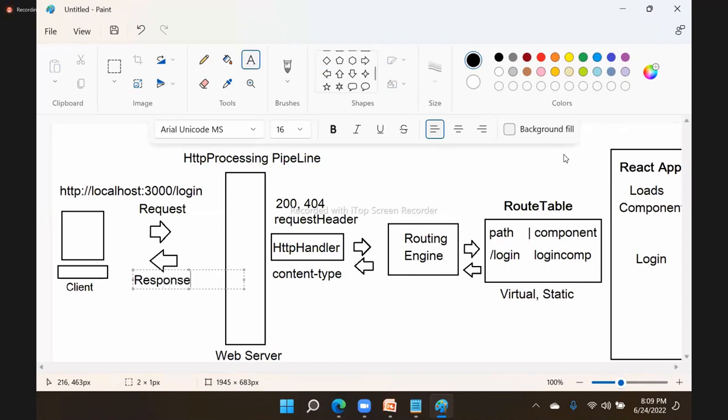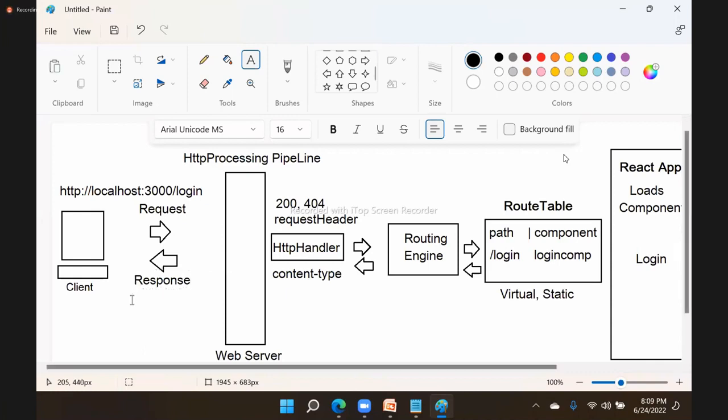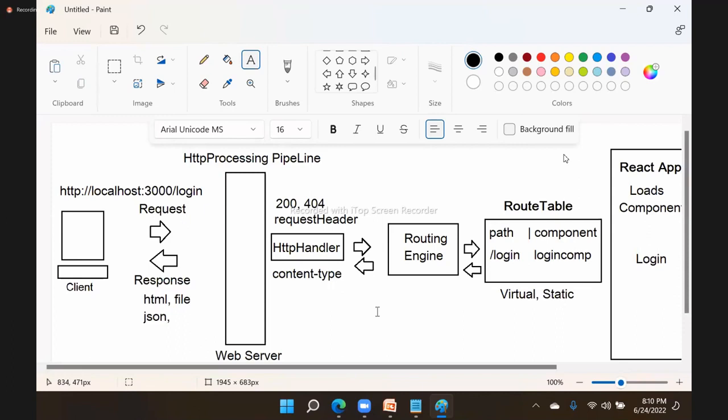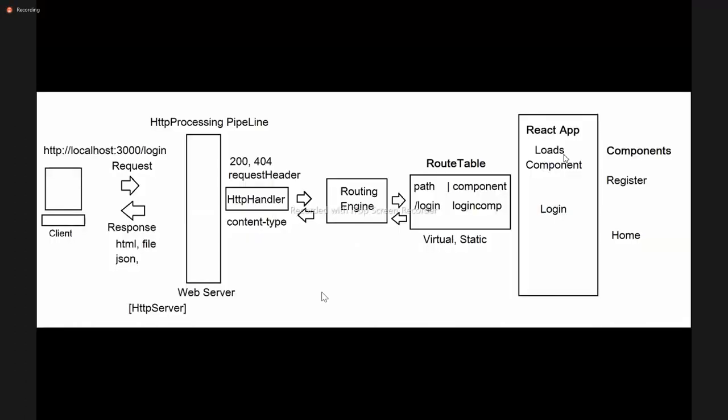As I already told you, the response can be an HTML response, a file response, or a JSON response. Response can be of various types; it's not always HTML. So this is the basic high level of how it works.